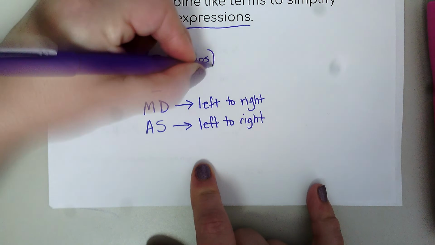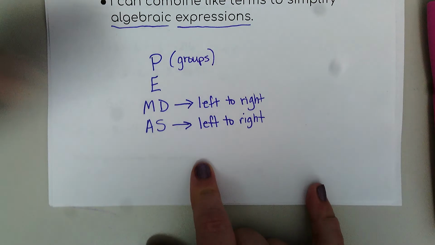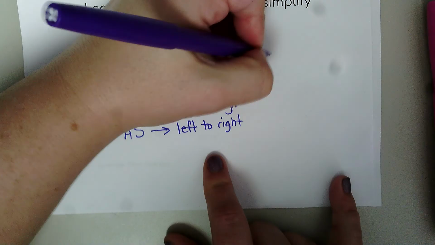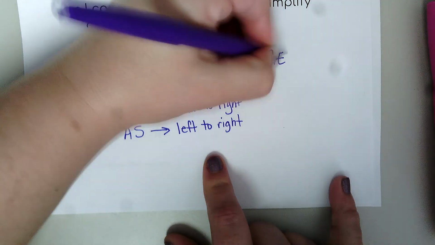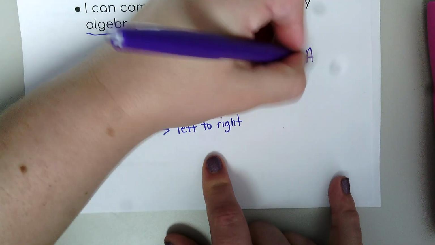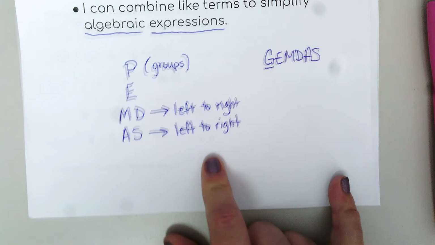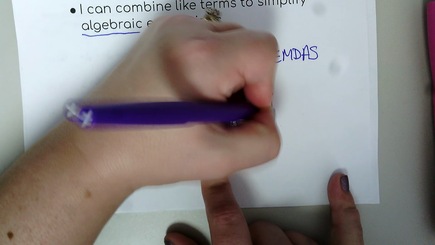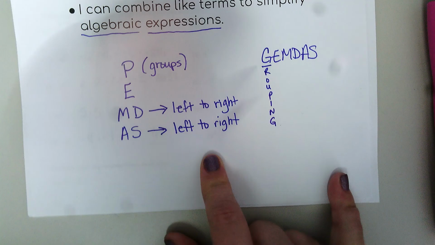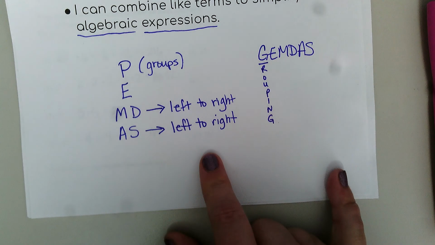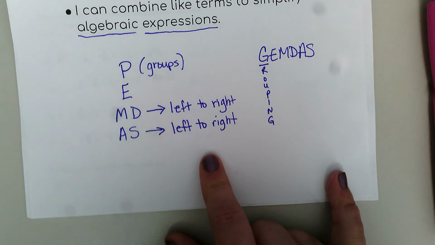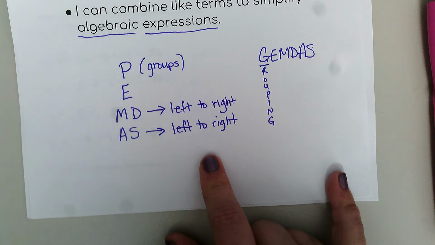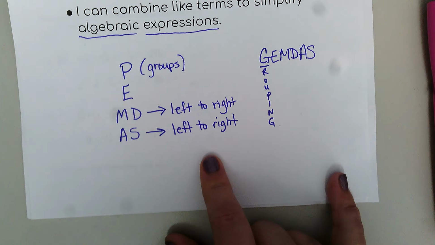I will tell you, in other countries, PEMDAS is actually called GEMDAS, because the G stands for grouping. We call it parentheses, but it's any kind of groups. It's brackets, it's parentheses, it's any kind of groups that you have in math. So the parentheses, always just remember that it's actually a grouping thing. It's not just about parentheses, okay?